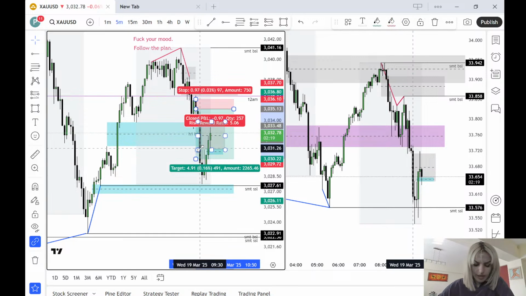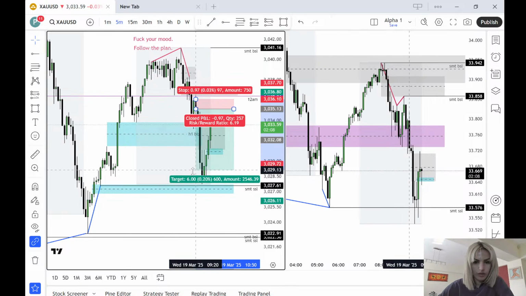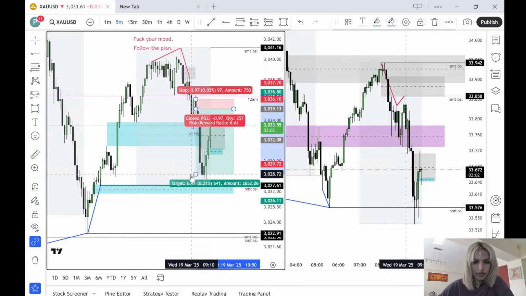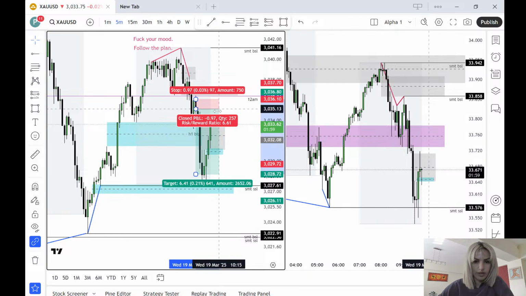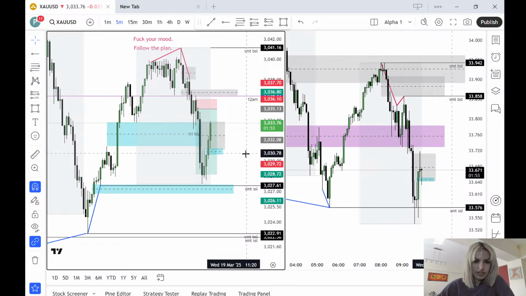And then I had taken another partial, the majority of the partial, at 3028.71. All right, so that's the trade, and right now it's just running at break even. And if it's just going to take me out, then it is what it is.